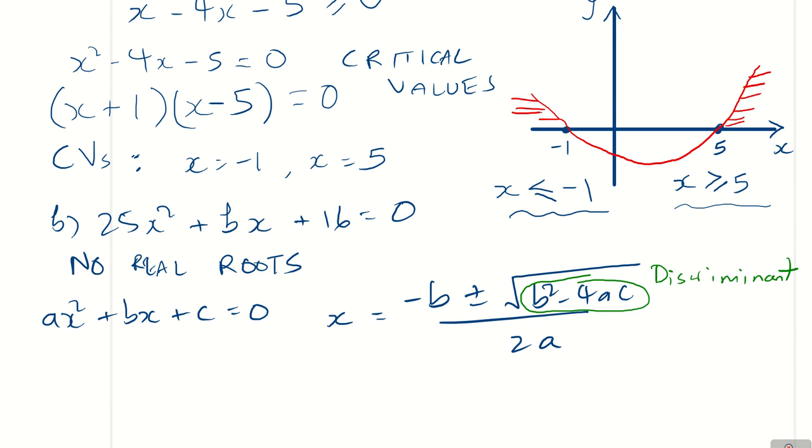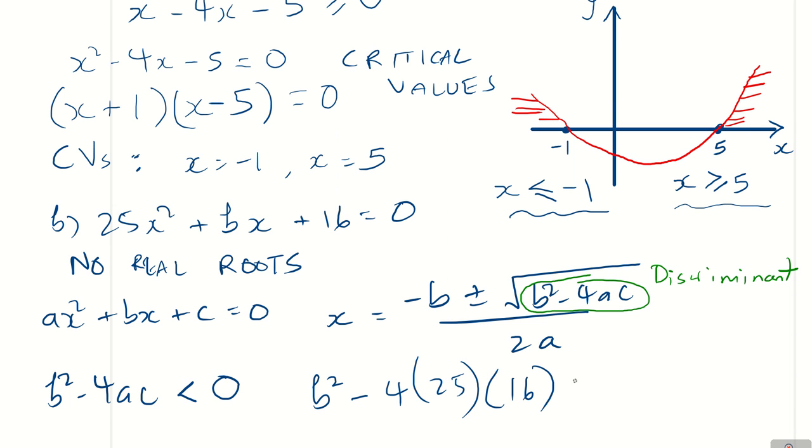So what we're going to have to do is work out the value of b squared minus 4ac, and then say that that is going to have to be less than 0, and that's going to be our condition for the equation to have no real roots. Now b is the b that's in our equation here that we're trying to find, and then minus 4. Now a here is 25 and c is 16, and that has got to be less than 0, so that's the inequality which we've got to try and solve.